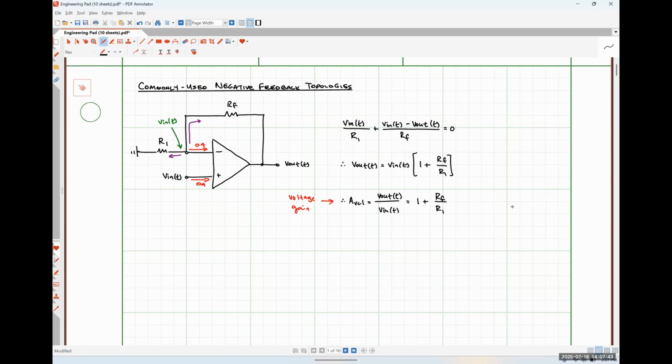And I'm just going to make a note here. If RF approaches 0 ohms and R1 approaches infinity ohms, AVCL is equal to 1, and this is what we would call a unity gain buffer.